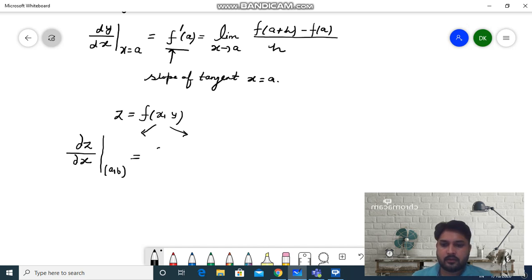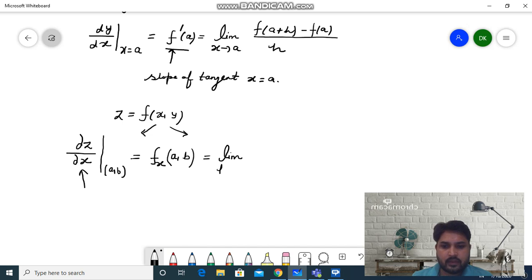We also denote the partial derivative of f with respect to x at point (a, b) like this, and its value is equal to, since we are differentiating z with respect to x, the second variable, that is y, will be constant. We treat y as a constant when we differentiate partially z with respect to x.